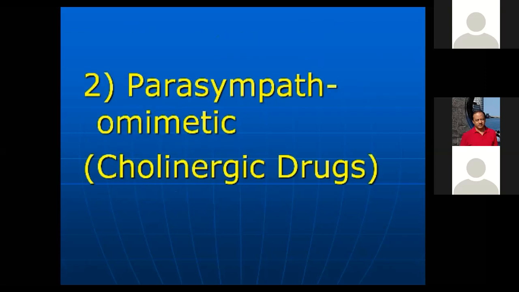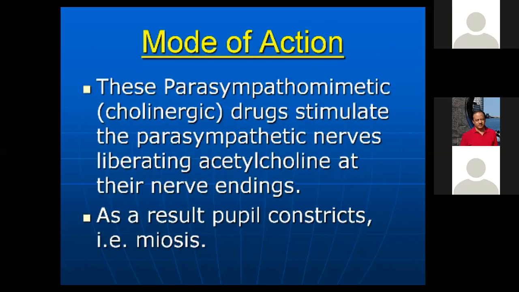Now the second group of drugs is called parasympathomimetic drugs. They are also called cholinergic drugs. Now these parasympathomimetic drugs stimulate the parasympathetic nerves.